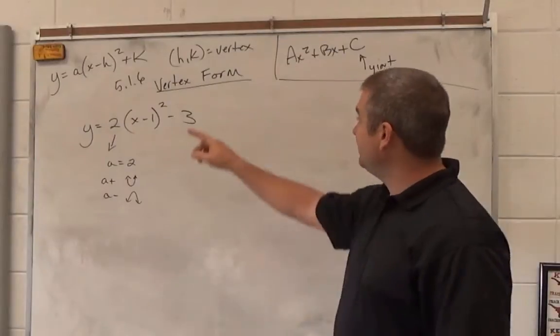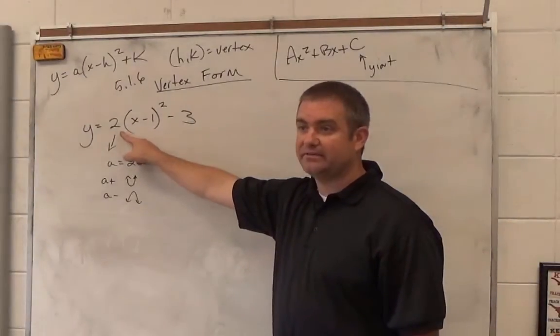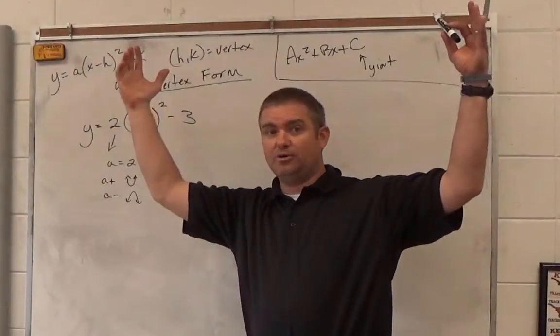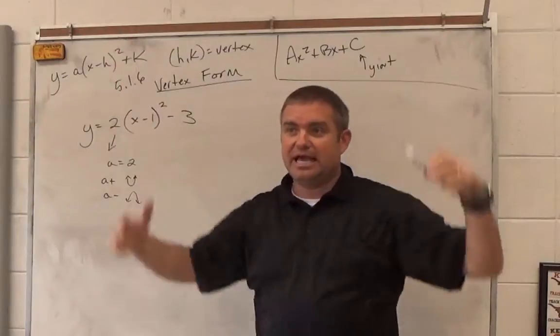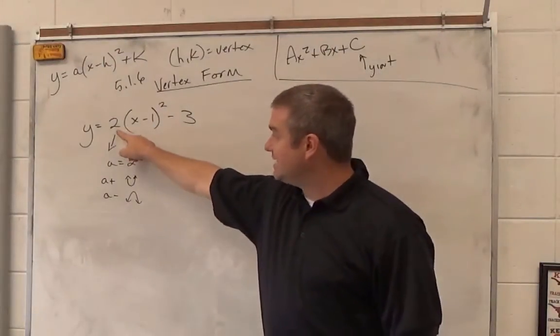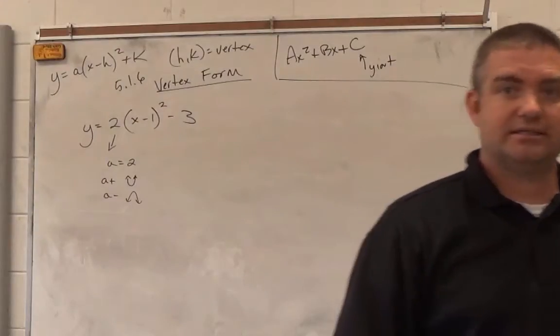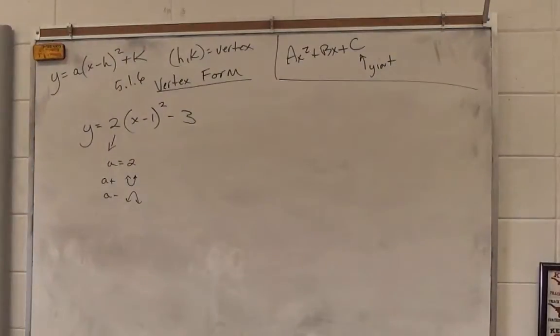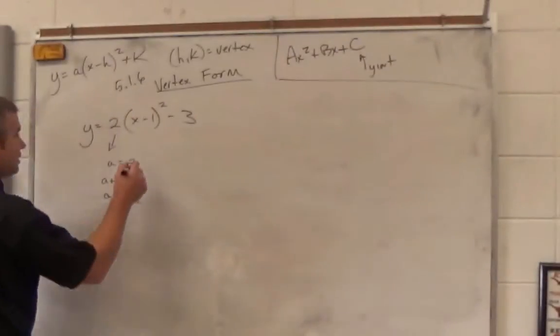Your eyes simply go to the front of the parentheses and you ask, is that number positive? If so, the parabola opens up. If that number is negative, the parabola opens down. That's a piece of cake, and it's the first thing your eyes go towards.